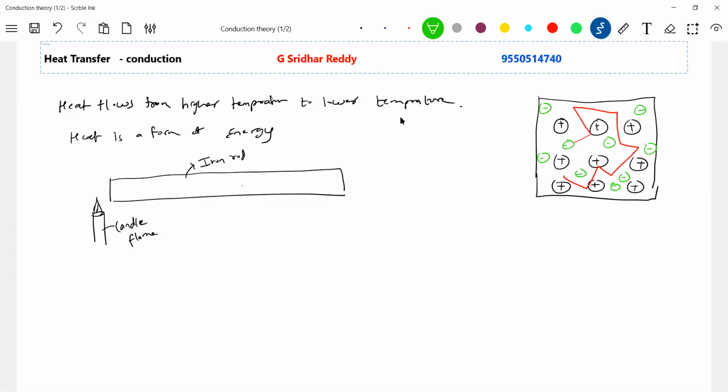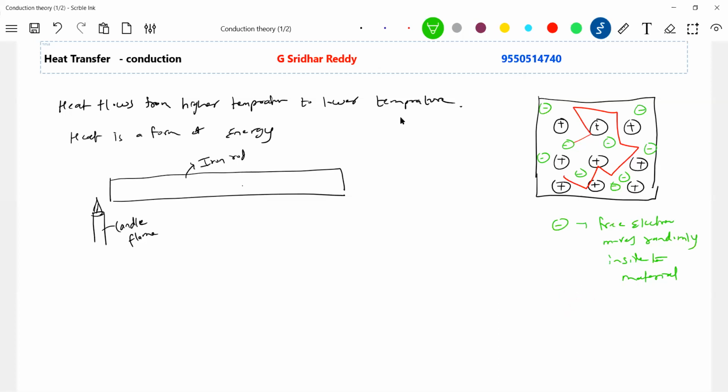Each atom will lose 1 electron and that becomes a free electron. What is this negative sign? Free electrons move randomly inside the material.